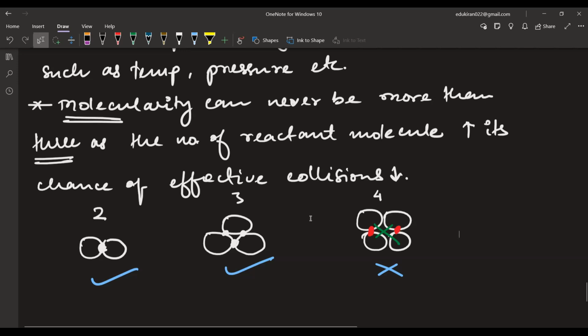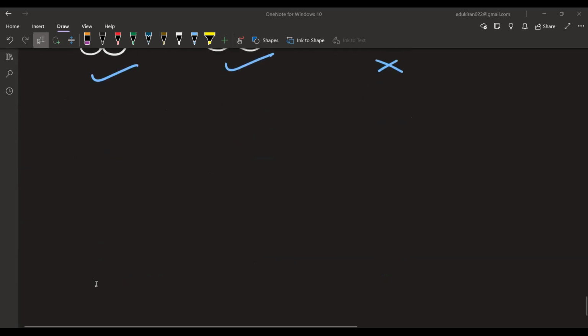The lesser the better. 2 is the best. 3 gets a bit complicated. 4 can happen, but it is very complicated. You can relate this to your real life also. Chaliye, done everyone? Yes or no? Please tell me. Yes. Okay.